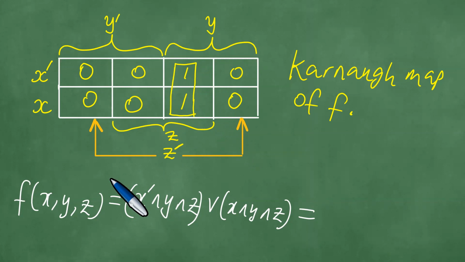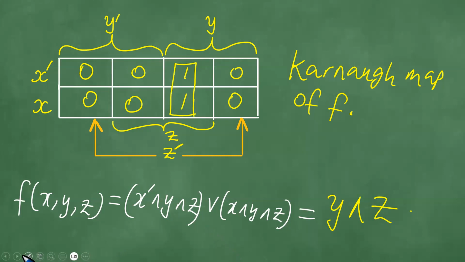We focus on the one values, and we're able to see that we can have this particular decomposition of the one values. But this here is in the y block, and it's also in the z block, and therefore this simplifies to exactly y and z. And that is the answer.